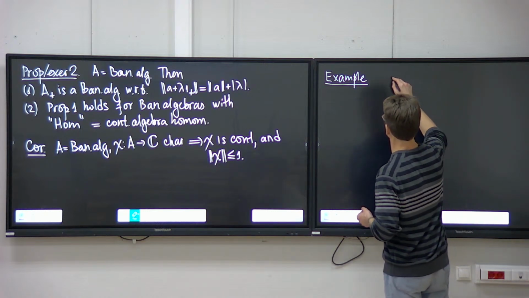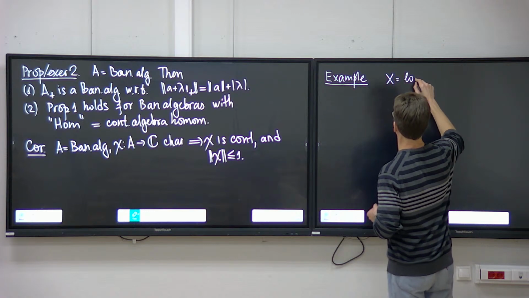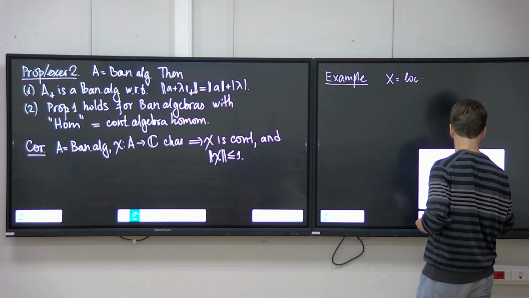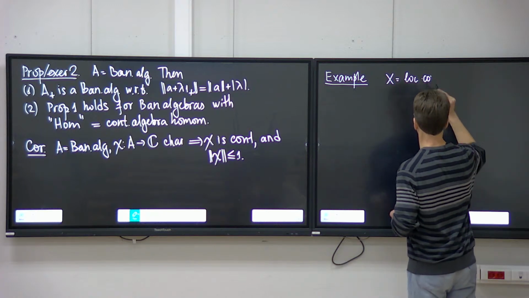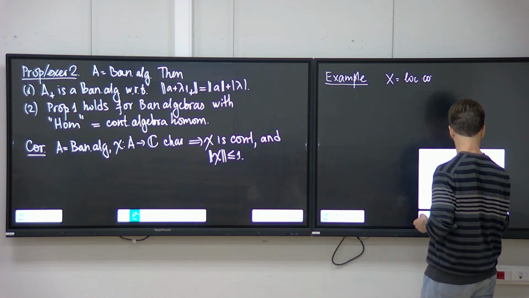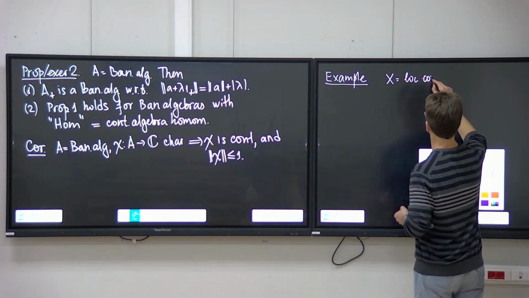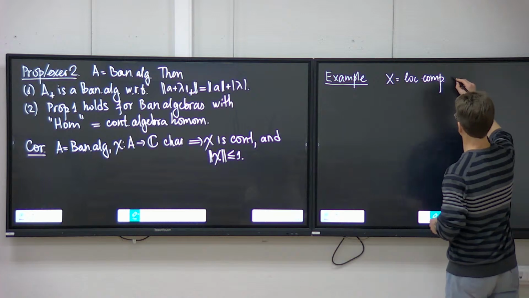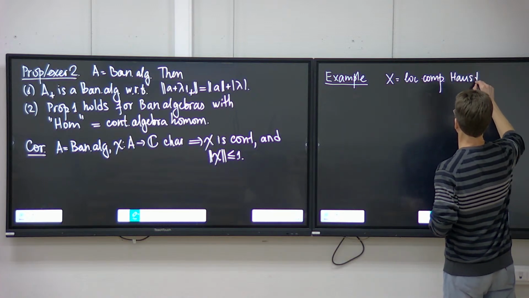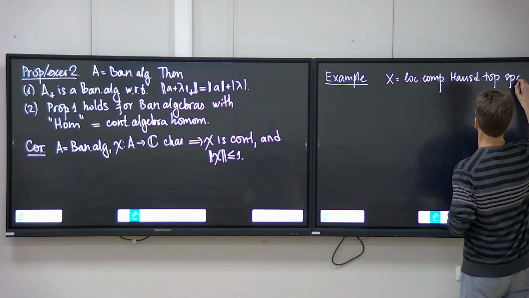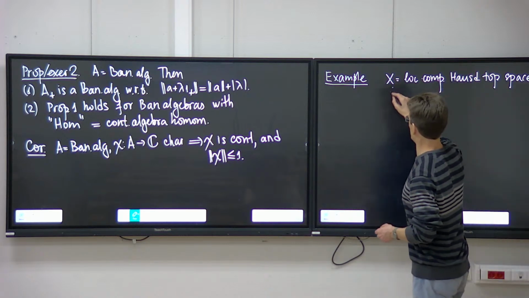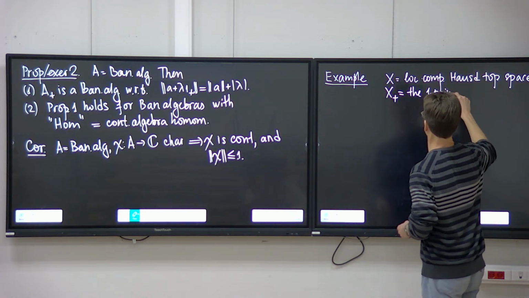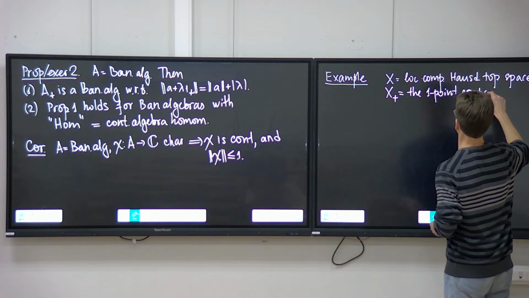So suppose that X is a locally compact Hausdorff topological space, and let X plus denote the one-point compactification of X.